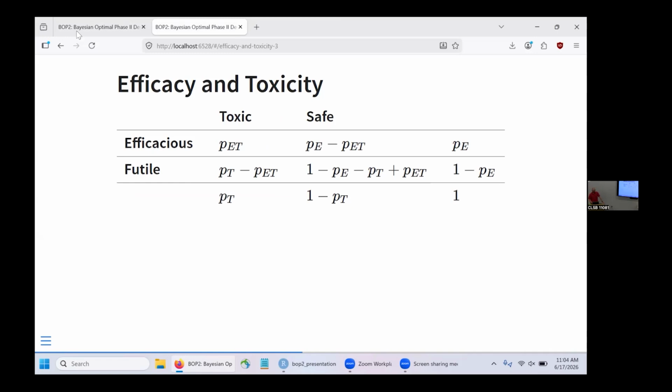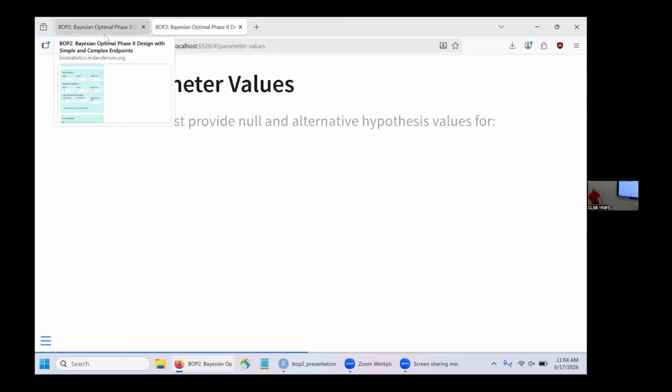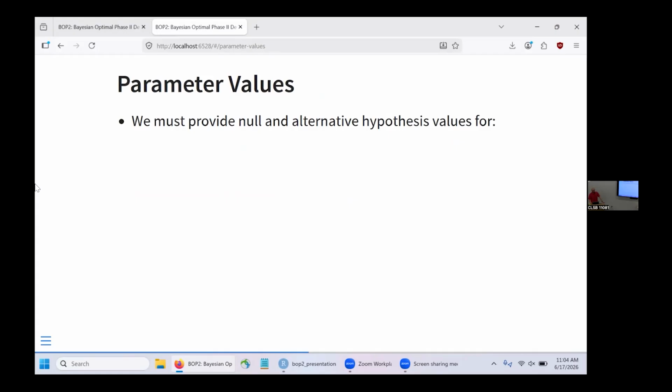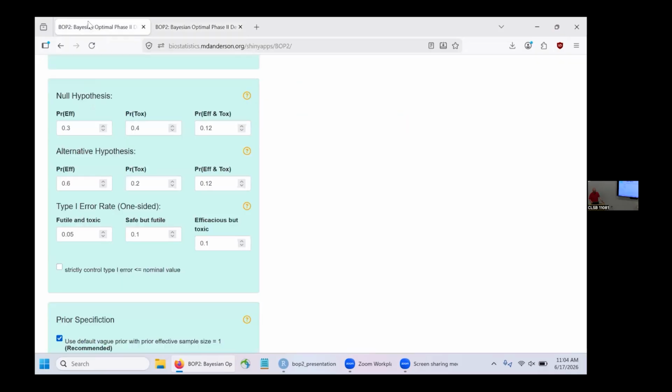So that's also something we'll have to provide. We have to provide that under the null and alternative. So we'll have to provide null and alternative hypothesis values for P sub E, P sub T, and then the joint. And you can see that here. There's 3 things we need to input for each of these null and alternative hypotheses.